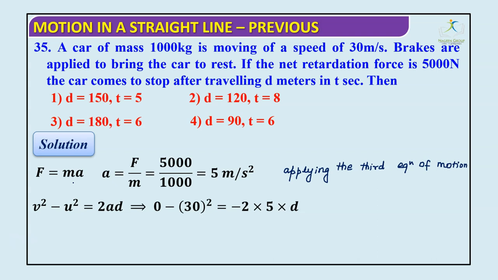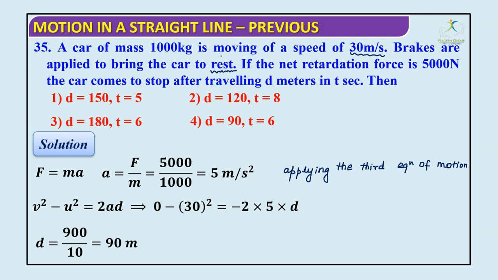Instead of s, we are using d here. So the initial velocity is given as 30 meters per second and it comes to rest after moving, so the final velocity is 0. So 0 minus 30 squared is equal to minus 2 into 5 times d. After solving, we get the value of d is 90. So among all these options, only a single option has d equal to 90.